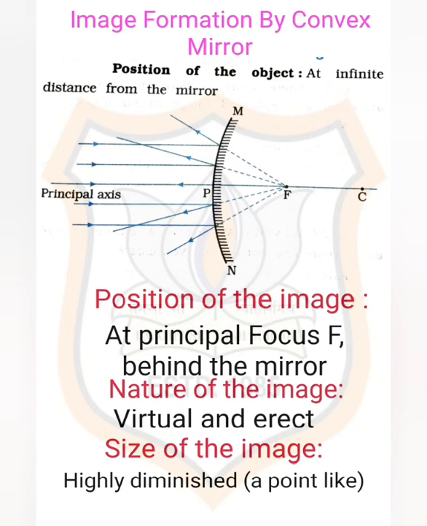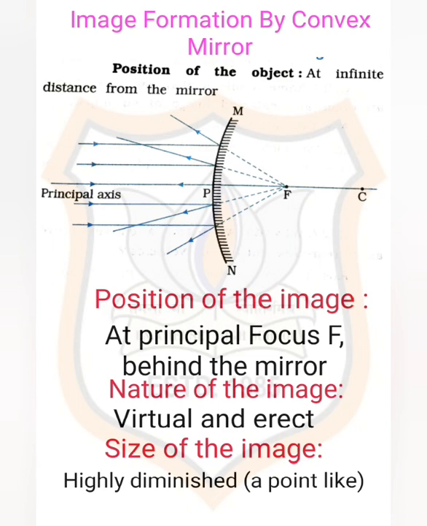When the object is placed at infinity, then light rays are coming from the infinite position on the reflecting part of convex mirror, as we are observing in the diagram. The reflecting part is MN, and the light rays are striking on the mirror and reflected back.